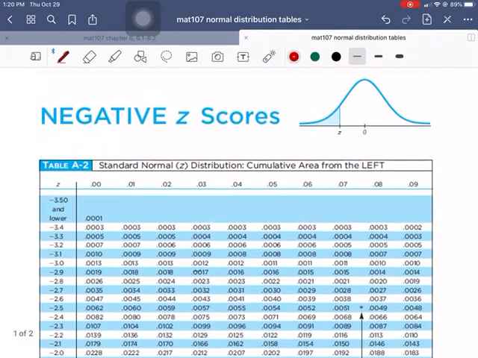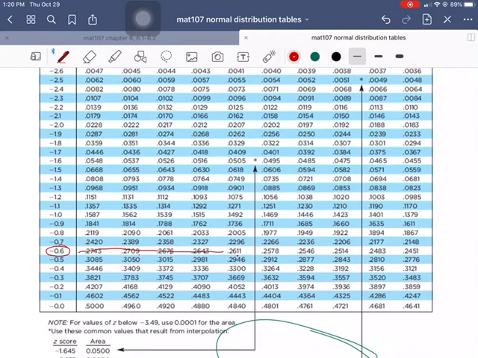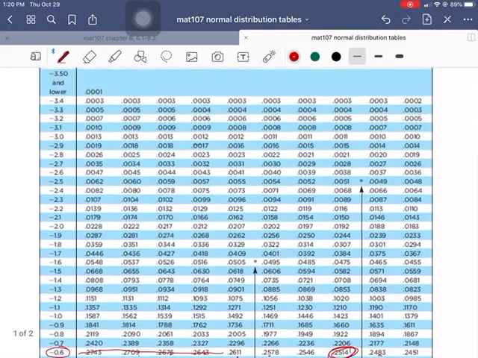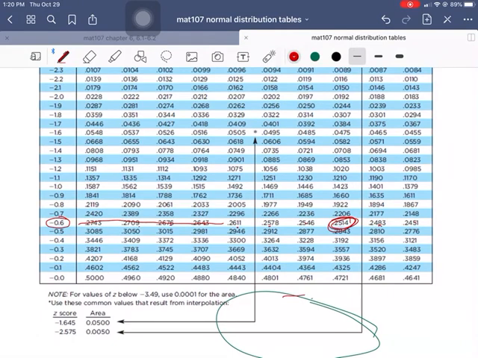Where's the 7? It starts with a 0. So if you're counting over, it's 0, 1, 2, 3, 4, 5, 6, 7. So that would be here. Just to double check, go straight up. Yep, that's a 7. So negative 0.67 is 0.2514.